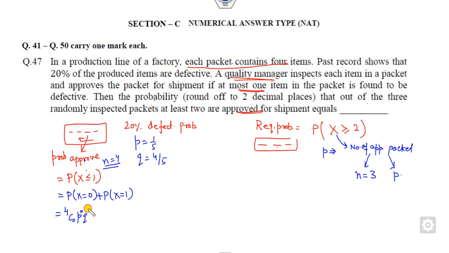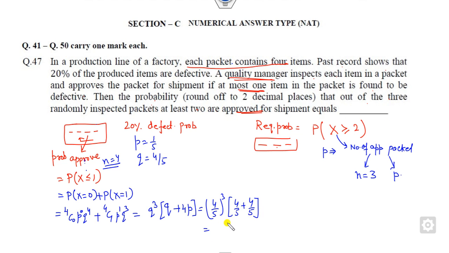That is 4C0 p to the power 0 q4, plus 4C1 p1 q3. 4C0 is 1, so q cube is common, and it will be q cube times q plus 4p. So q is 4 by 5, raised to power cube, times 4 by 5 plus 4 by 5.